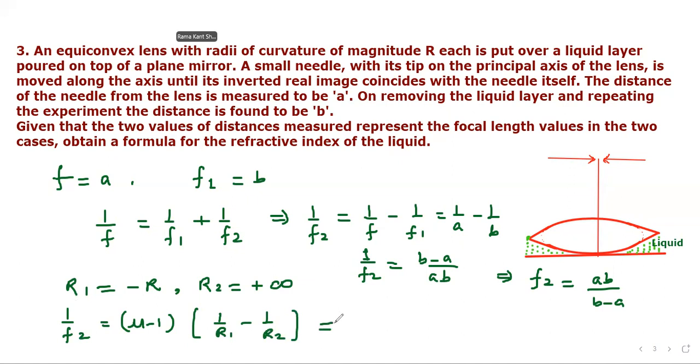So that will give 1 upon F2, which is equal to mu minus 1 and 1 upon R1, that is minus 1 upon R, because the second term will become 0. So we have also got the value of F2 as AB upon B minus A. So we can put this value here.